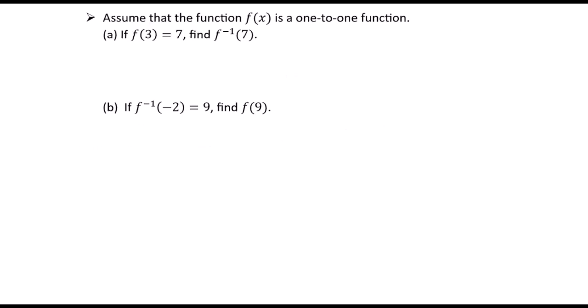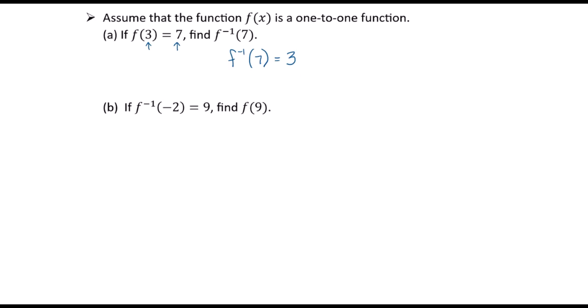Assume this function f of x is a one-to-one function. If f of 3 equals 7, find f inverse of 7. We know that this is the input for the f function and this is the output. We know with inverses, this output that we had before is now the input, which means that the output of the inverse function is the input of the original function.